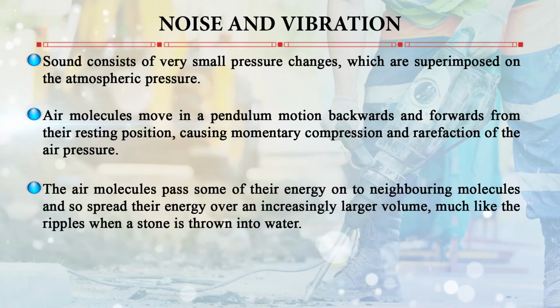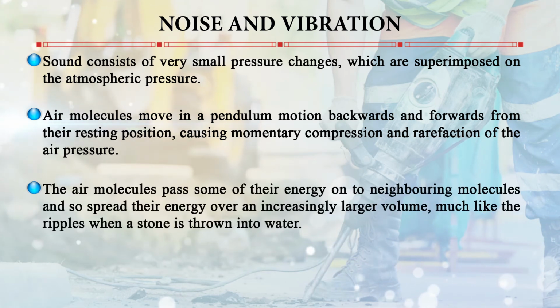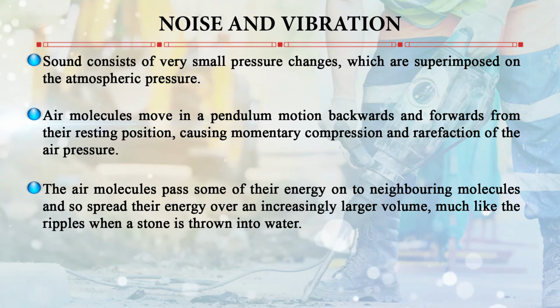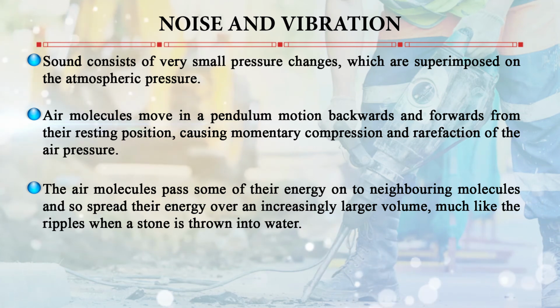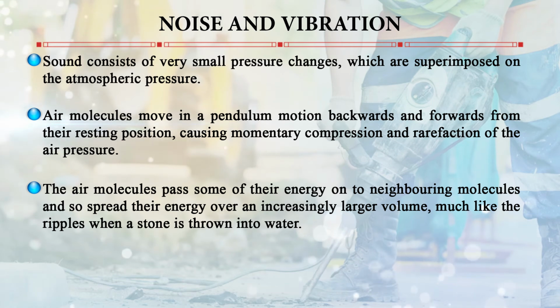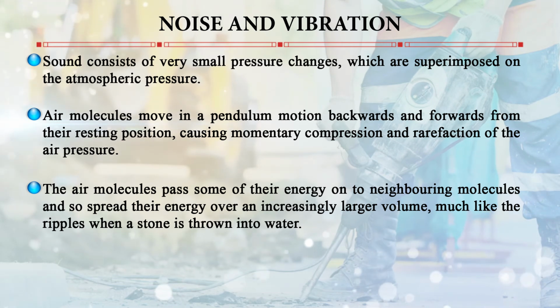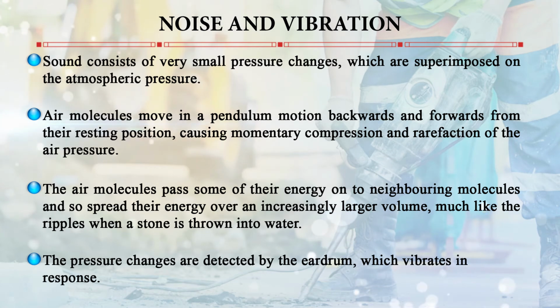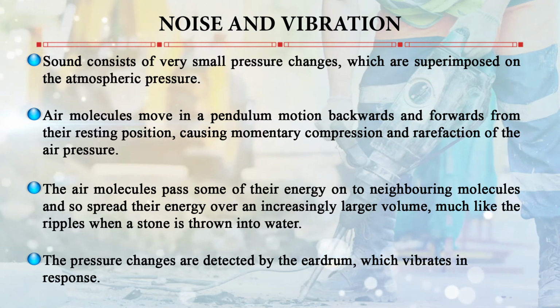The air molecules pass some of their energy onto neighboring molecules, and also spread their energy over an increasingly larger volume, like the ripples when a stone is thrown into water, which we have experienced so many times. The pressure changes are detected by the eardrum, which vibrates in response.